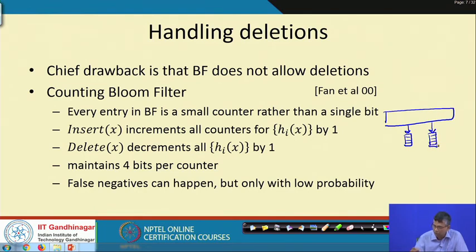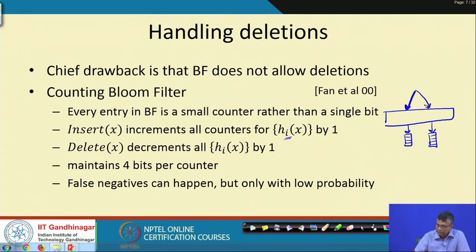So now when we add an element, for every i from 1 to k, we will go to the corresponding counter and increment it by 1. Now when we want to delete an element, again we will go to these corresponding counters and decrement them by 1.